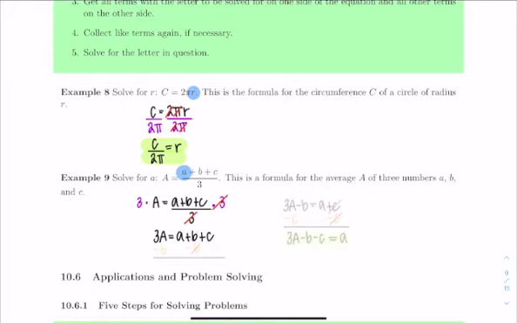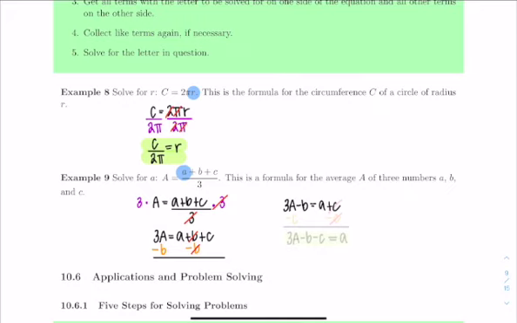And remember, we're solving for little a, so we need to undo the b and the c. So let's go ahead and start with the b. I'm going to subtract b from both sides to undo the plus b. And so that ends up canceling. We have 3 capital A minus b equals a plus c.